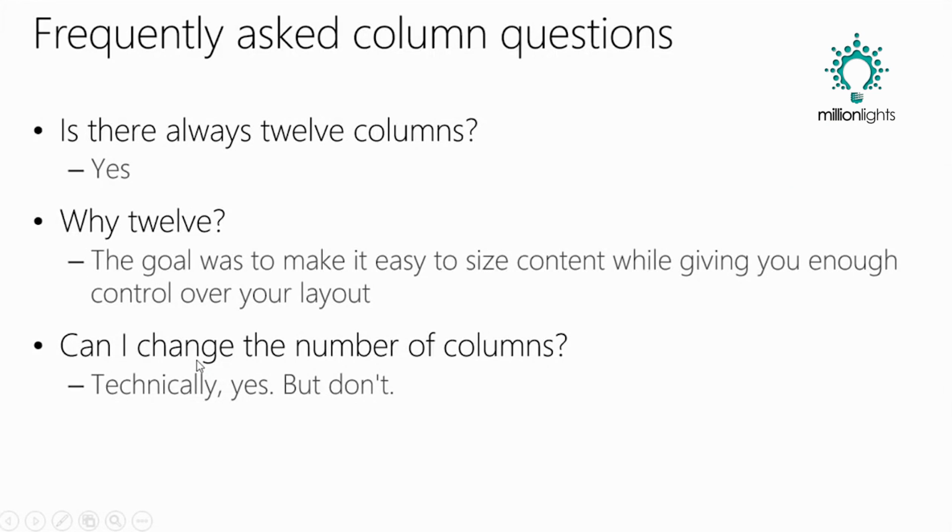Cool. Now, let's step to the side here and do a little FAQ. Are there always 12 columns? Yes. Why 12? Because the goal really is to make it easy to lay things out without overwhelming you. So 12 is sort of a nice, happy medium. It divides up in a lot of different ways.